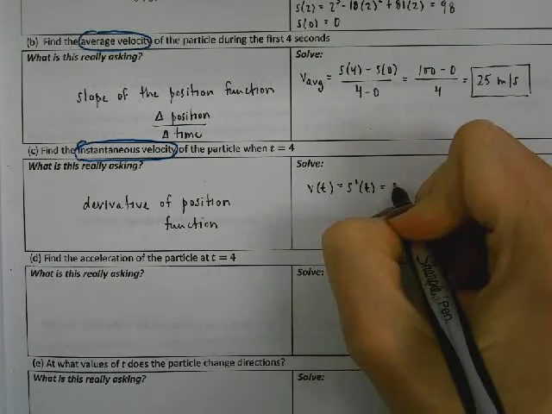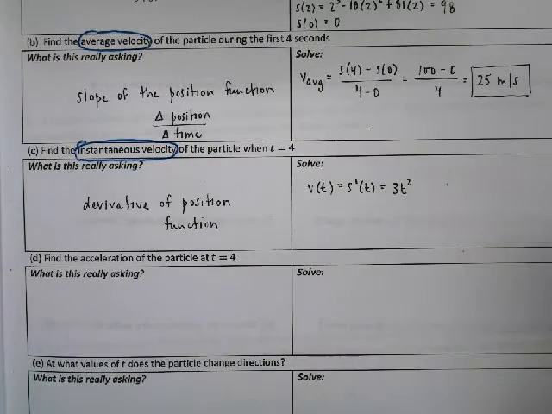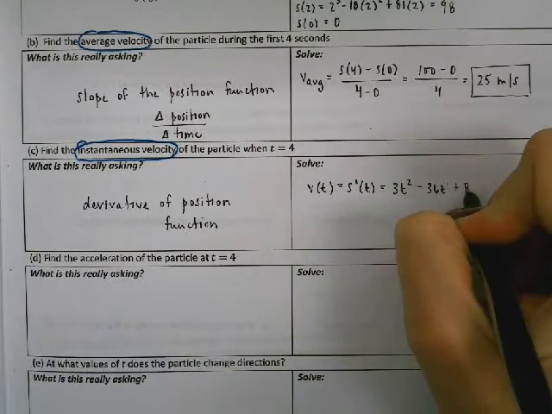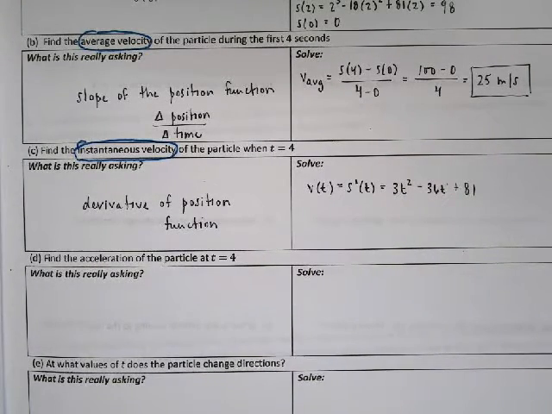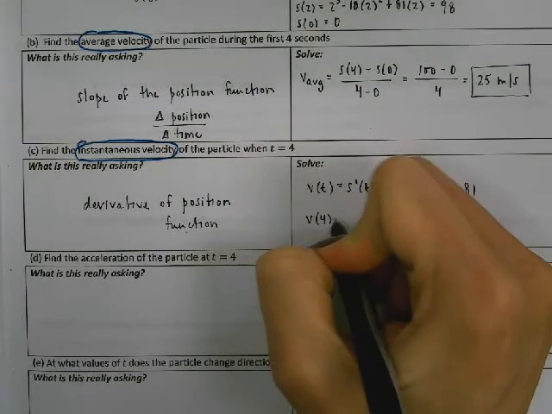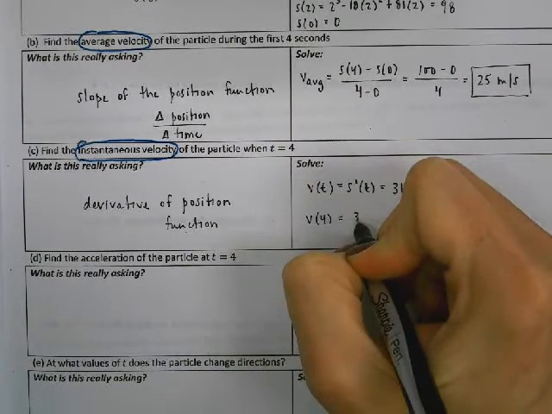For this function, we're going to have 3t squared, basic power rule, minus 36t plus 81. Now I want to find that at the instant when t equals 4. So I'm going to calculate this when t is 4.